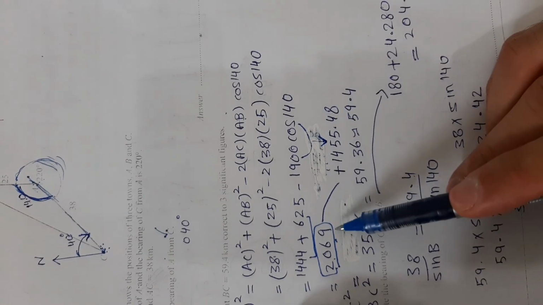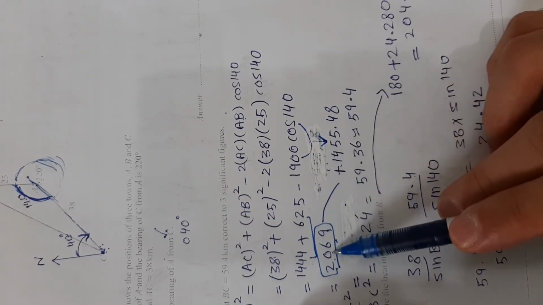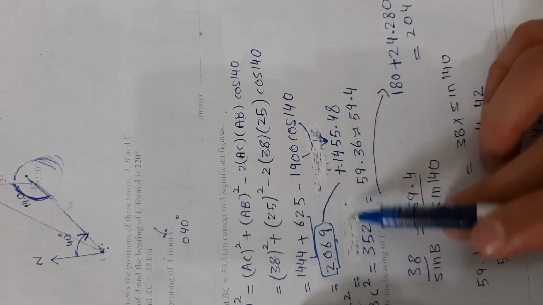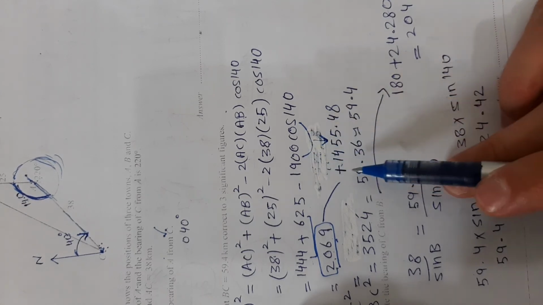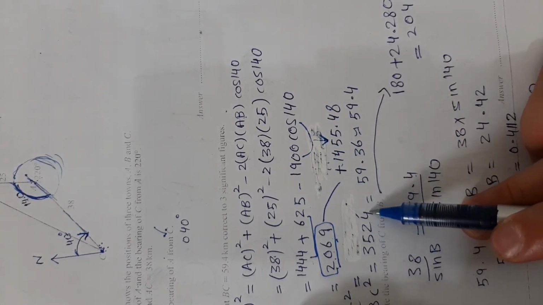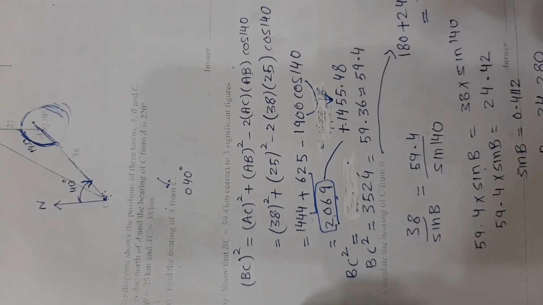Now add this one and this one. 2069 is the addition of these two, while the result of this one is plus 1455.48. Add them, you will get 3524 as BC squared.